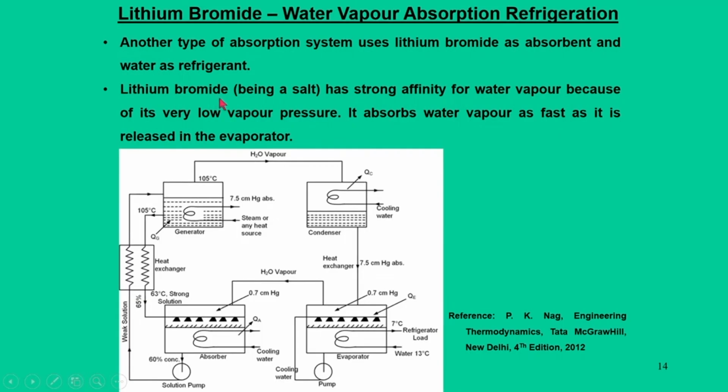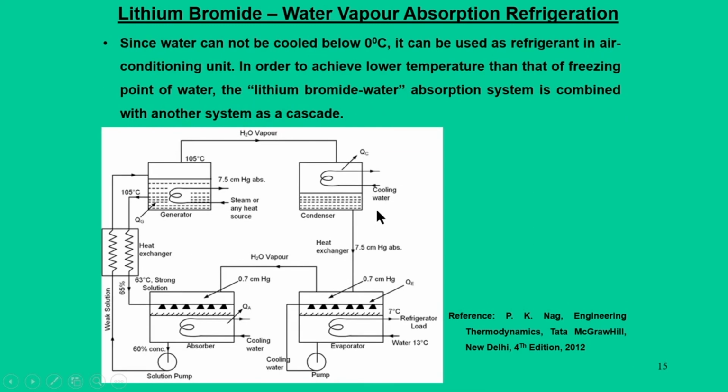These salt solutions, lithium bromide being a salt, have a strong affinity to water, and because they operate at very low vapor pressure, they absorb water vapor very fast, and it is released in the evaporator. The rest of the philosophy remains the same as that of the ammonia water vapor absorption system. The only difference is that water is used as the refrigerant.